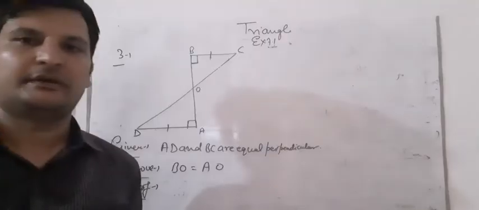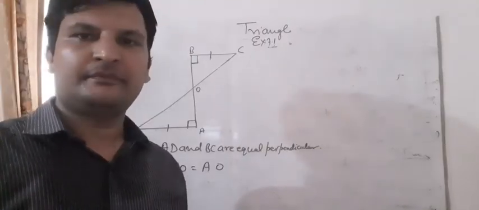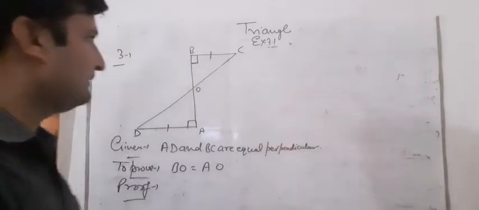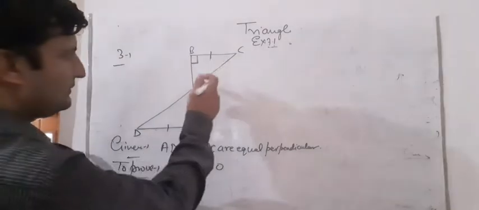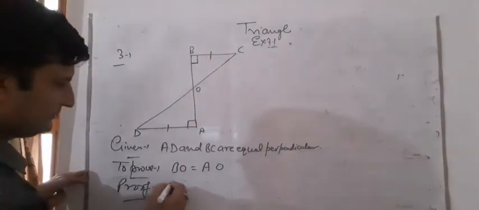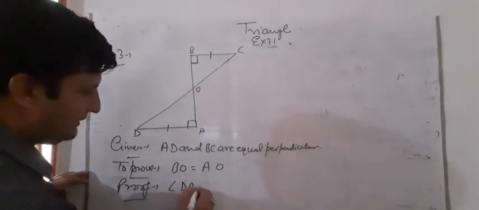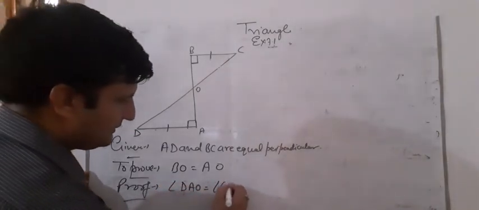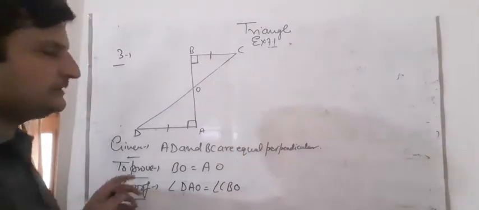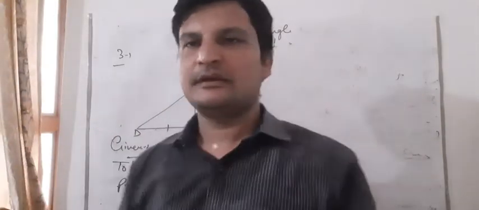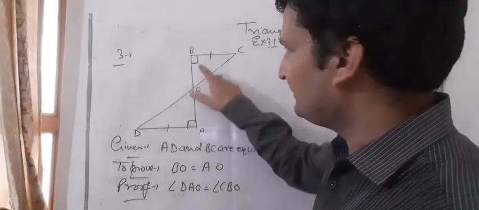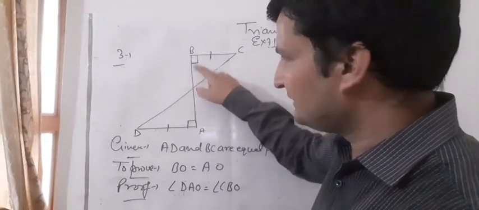How can we prove it? So students, here it is given that angle DAO is equal to angle CBO. It means students, if these two angles are equal to each other, meaning 90 degrees, then this is a transversal.